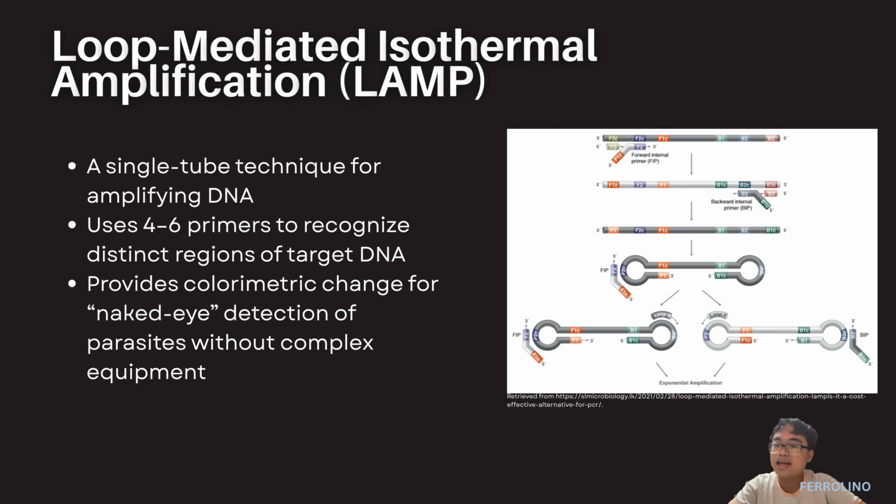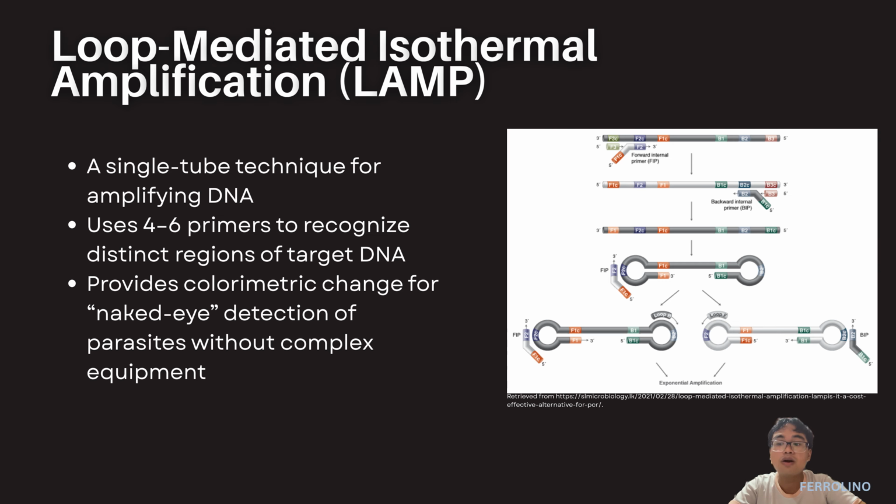For every nucleotide added, a pyrophosphate ion is released. These ions react with the magnesium ions present in the buffer to form magnesium pyrophosphate, which is an insoluble white precipitate. In high titer samples, this results in visible turbidity, which can be quantified using a turbidimeter or observed visually.